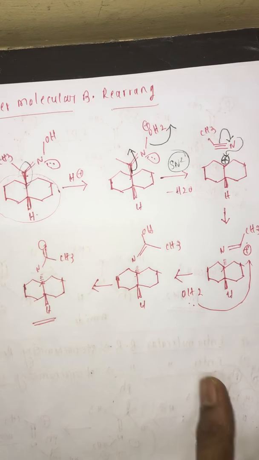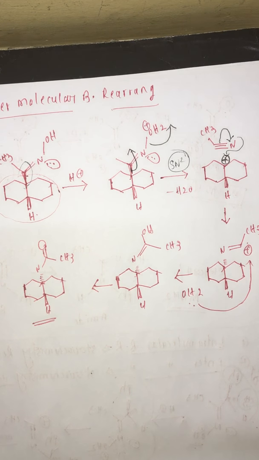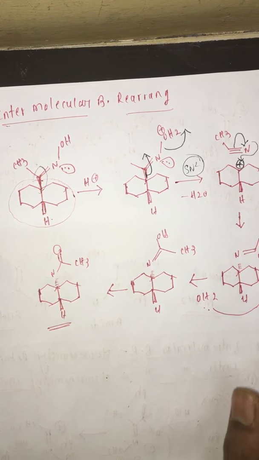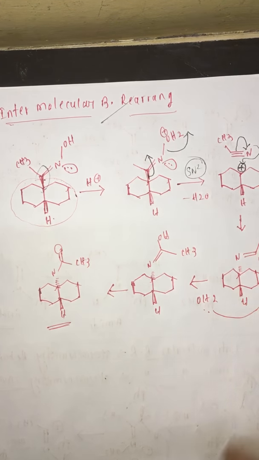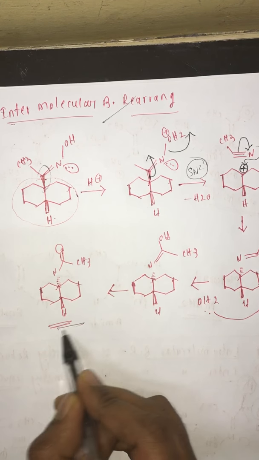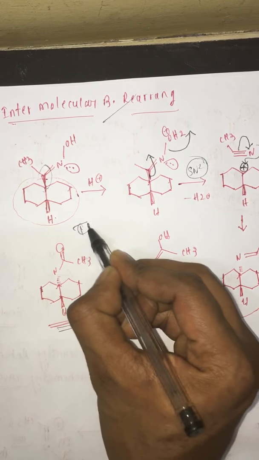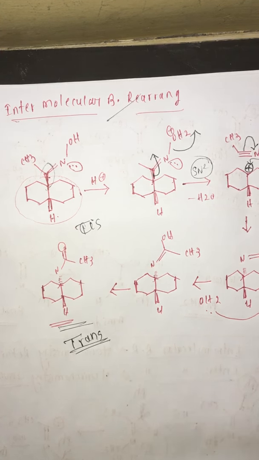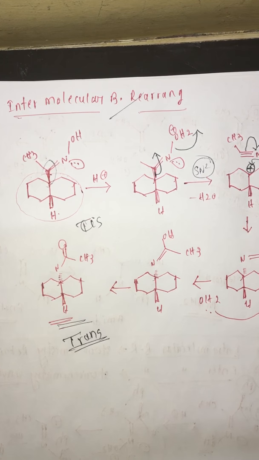So here in case of intramolecular Beckmann rearrangement, the stereochemistry will retain, whereas in case of intermolecular Beckmann rearrangement, stereochemistry is inverted. Here it is a stereochemistry cis, whereas in the final product stereochemistry is trans. So this is about the Beckmann's rearrangement.